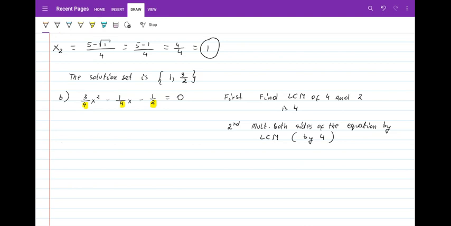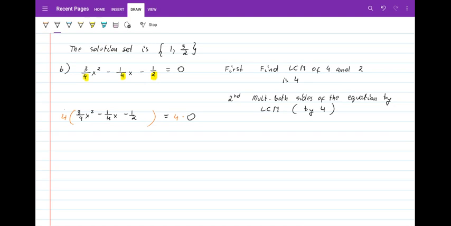So I'm going to multiply both sides by 4, which is our lowest common multiple. So the left side of the equation we multiply by 4. And the right side of the equation we're going to multiply by 4. So here I will need to distribute 4.